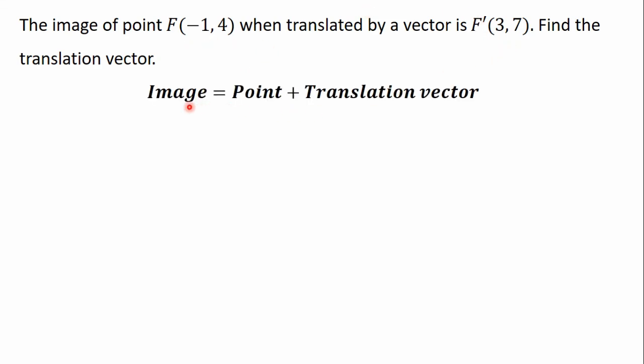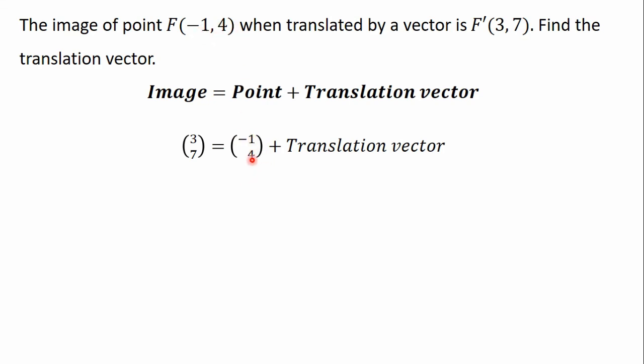We know that image is equal to point plus translation vector. We have the image and we have the point, so we can find the translation vector. The image is 3, 7 in component form. The point is -1, 4 in component form.